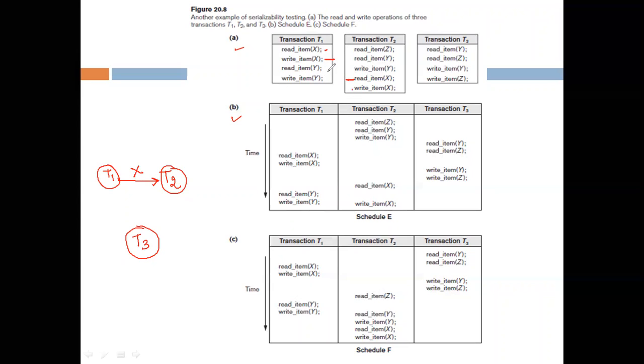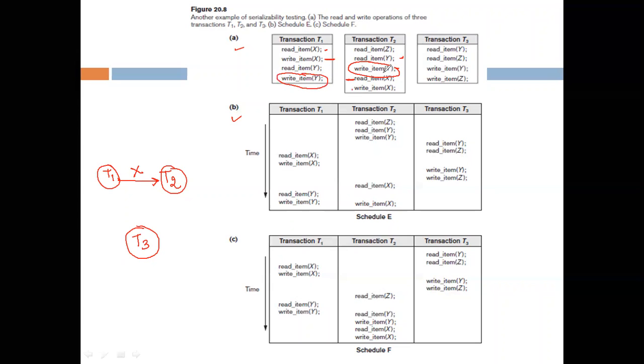Then look at the read operation. So read y, write y. Here if you observe, read y, write y. Here we have a write y operation, and here we have a write y operation. Which one is happening first?